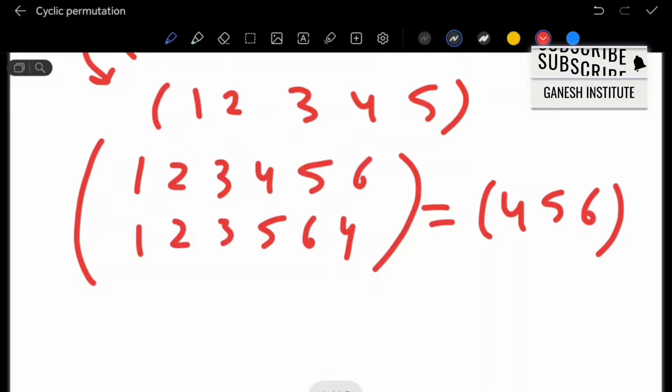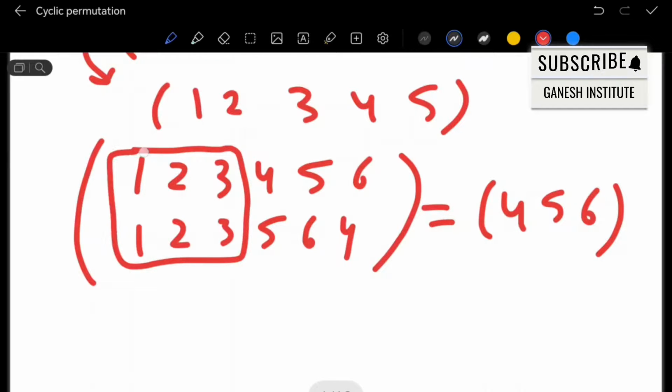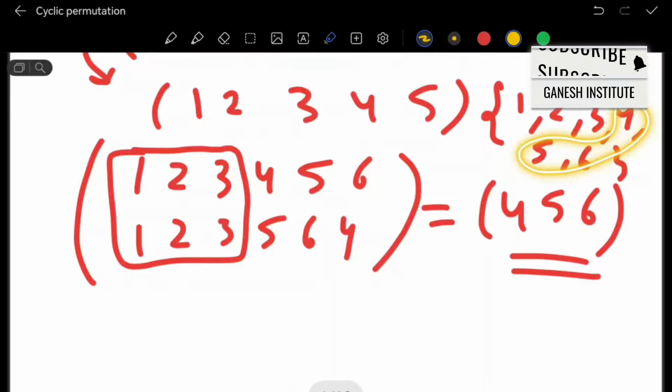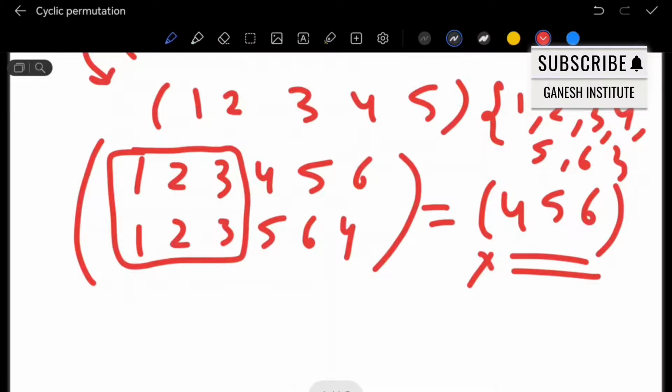I told you last time that if elements are connected to themselves only, you don't need to write them, because if you know the number of elements in the set from which the permutation has to be taken, and only 3 elements are written, (4 5 6), that means all other 3 elements are connected to themselves only. So it is self-explanatory. Now tell me, what will be the length of this permutation, and what will be the degree of this permutation?